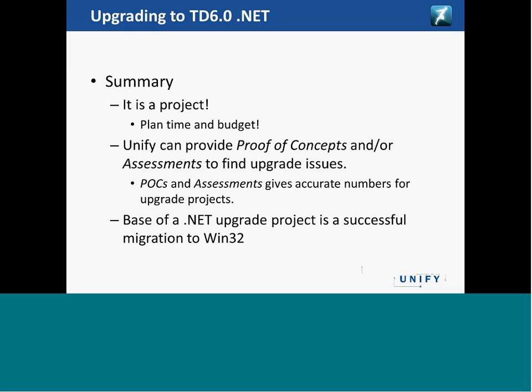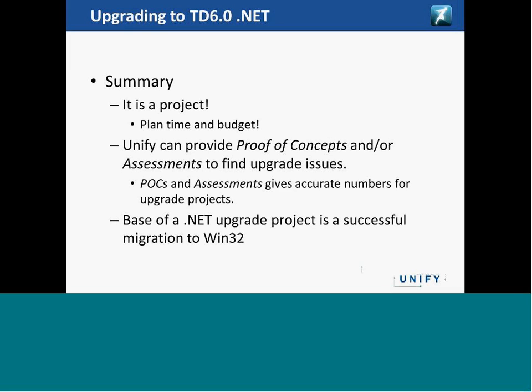What we are doing, we are dealing with customers, end users, and so on, or with ISVs or big companies which build applications. And we mostly do a proof of concept. That means we look into the sources from Unify's side, and we find out if there are any upgrade issues.